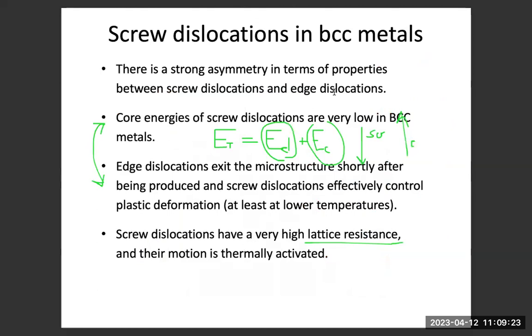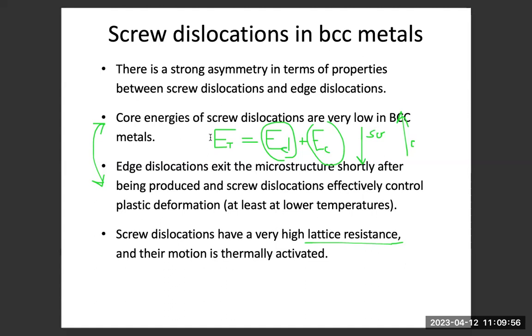Once you compare edge and screw, the core energy of screw is extremely low because we have a compact core in BCC. Instead, for FCC, it is a planar core. There is a strong asymmetry in terms of properties between screw and edge dislocations. The core energy of screw is very low in BCC materials.